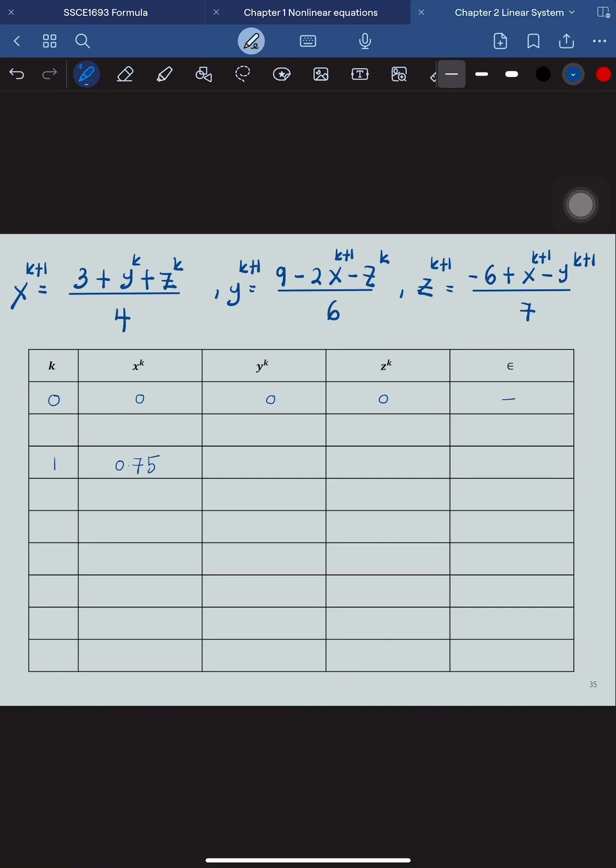For y, 9 minus 2x, with the new value of x, 0.75, and z is 0, then divide by 6, so 1.25. For z, negative 6 plus the new value of x, 0.75, minus the new value of y, 1.25, divided by 7.